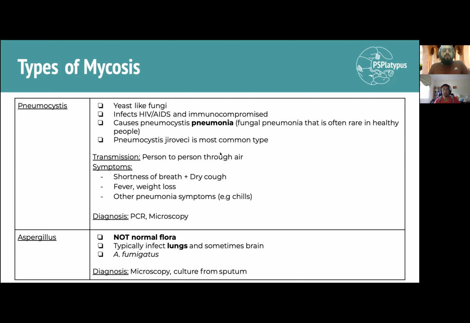It can cause Pneumocystis pneumonia, and it can be transmitted from person to person through air. Some of its symptoms: shortness of breath, dry cough, fever, weight loss, and other pneumonia symptoms like chills. It can be diagnosed through PCR or microscope.